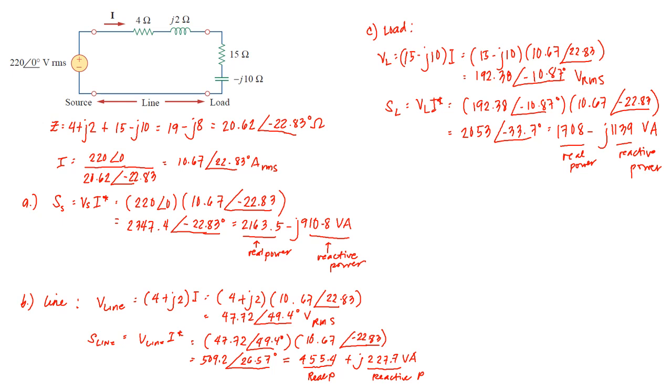So in rectangular, that is equal to 455.4 plus j227.7 VA. With this rectangular form, we know that this is the real power, and this is the reactive power.